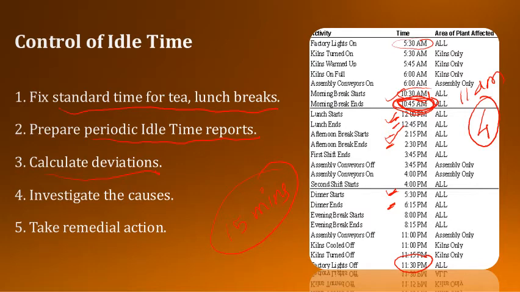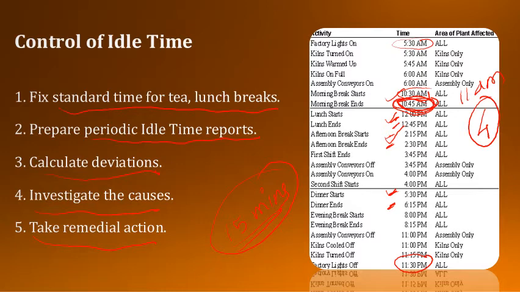So they will find out what is the cause, where he has gone, why he was late, was there a reason related to some production, or was it a personal reason. So they will investigate the cause and then take the remedial action. Suppose his machine is started late by 15 minutes. They will find out why the machine is started late. Is there any problem with the machine?